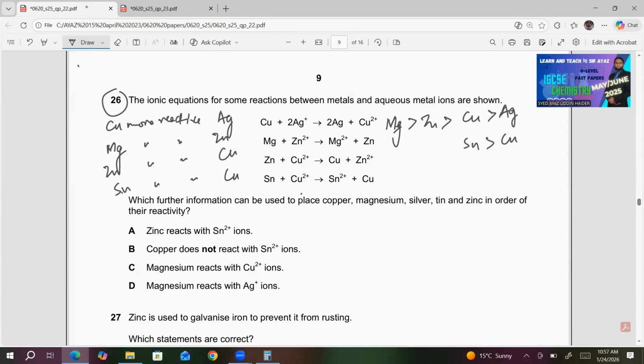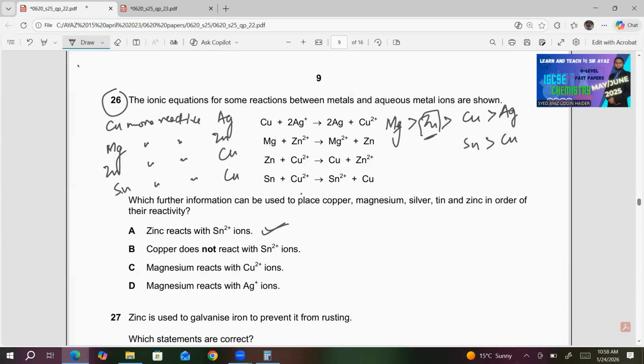So if we have one more piece of information, it will help in making the series clear. That is the reaction of zinc with Sn2+ ion. They have mentioned the reaction of Cu2+ ion with Sn. So if they give the reaction of zinc with Sn2+ ion, this will help us in finalizing the series.